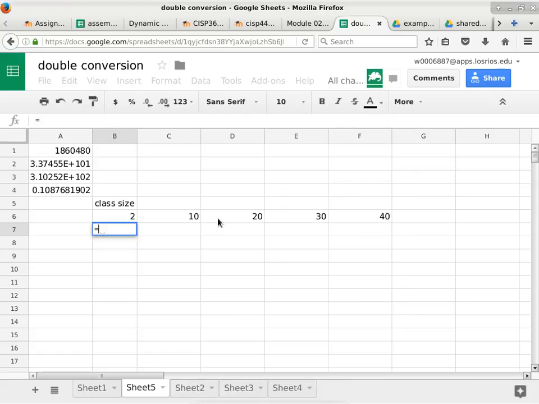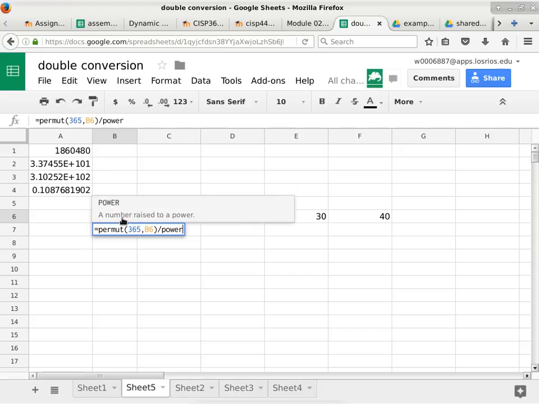So the equation to do this is, as the numerator, the permutation of 365 choose whatever the class size is. Okay, so we have the permutation of 365 choose this number, right? And then the denominator is going to be a power function, which is 365 to the power of the class size.